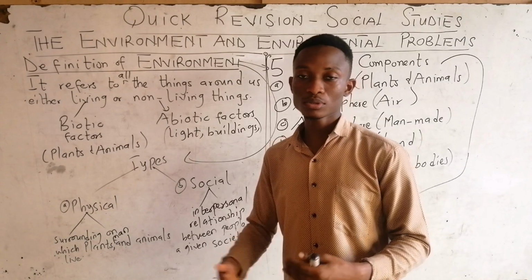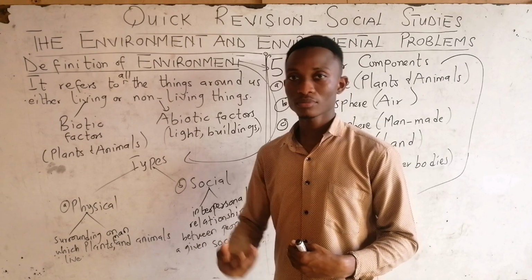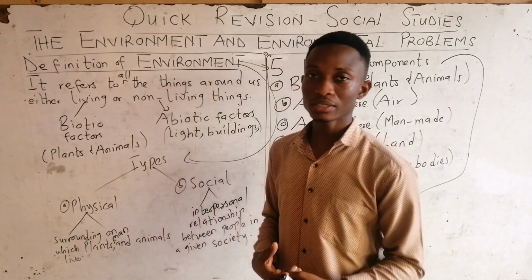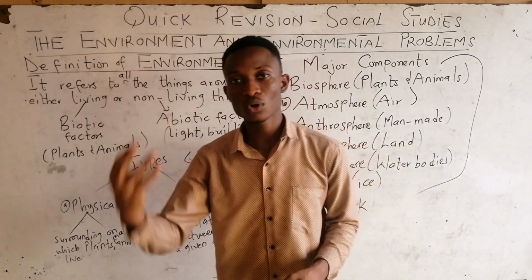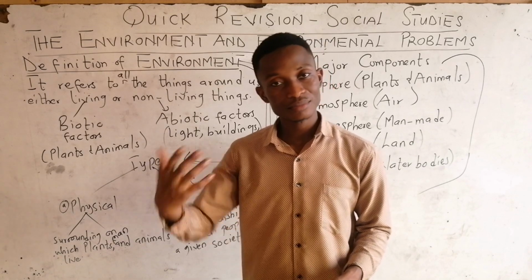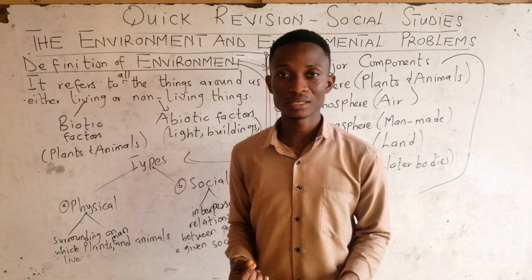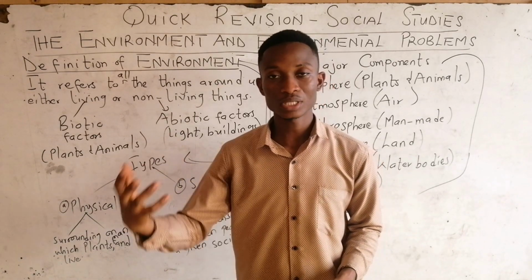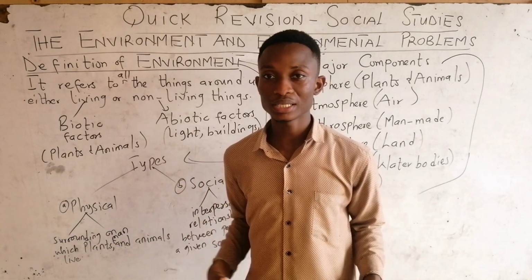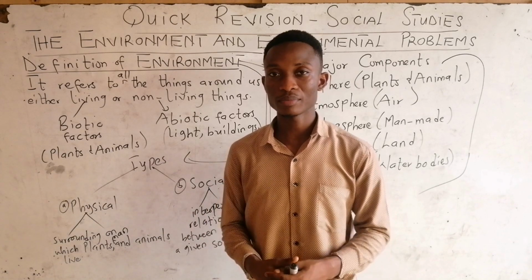Examples of things that show relationship: their festivals, their religious practices or their religion, politics, culture. You can give more. Politics, culture, and their occupation and the like. All these things are social environment.